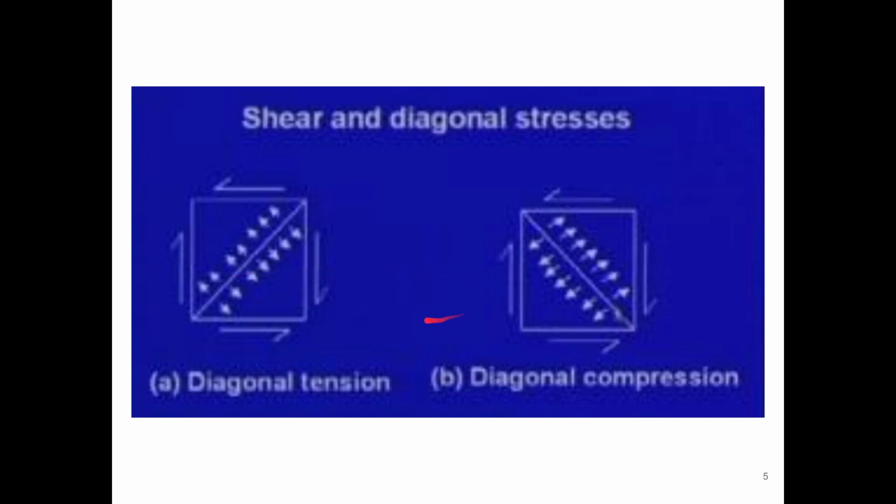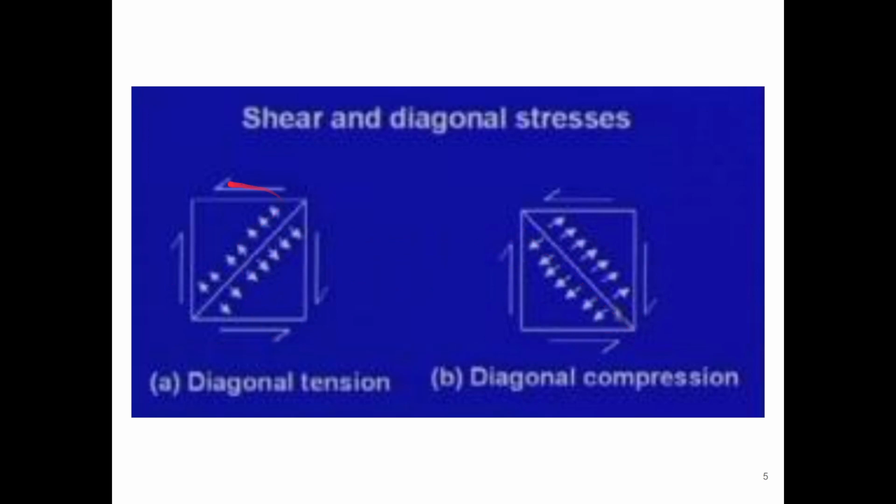If you see here, say for example this is a section. These are the shear stresses acting at the surface. In the diagonal, two types of stresses can act, one is tension and one is compression, depending on the location of the diagonal.